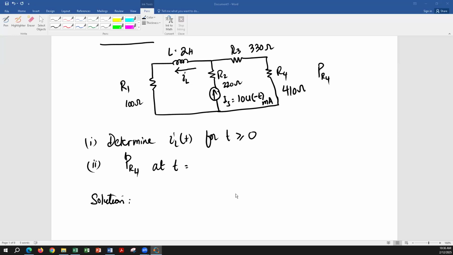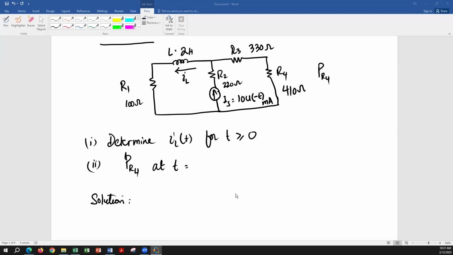Okay, so how should we start this problem? What we have to find first? Let's discuss that. We have to find the initial value of current passing through the inductor, because that value we are going to use to write down the equation when the source is going to be turned off.